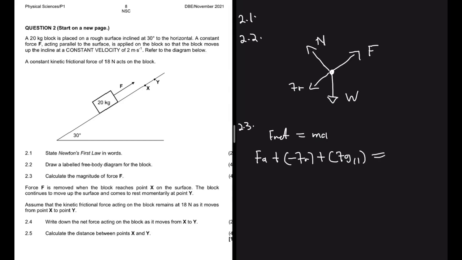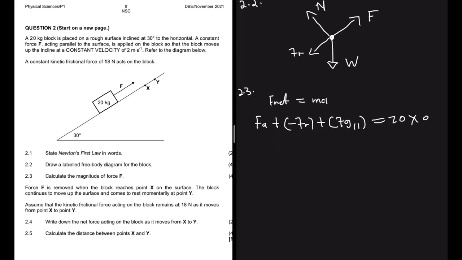What is MA? We know that M is 20, and then we have deduced that the acceleration is 0 because it is moving at constant speed. So we're going to have F applied plus, and then we know that our frictional force is 18 newtons, so we're going to have minus 18 because it's opposing the motion.